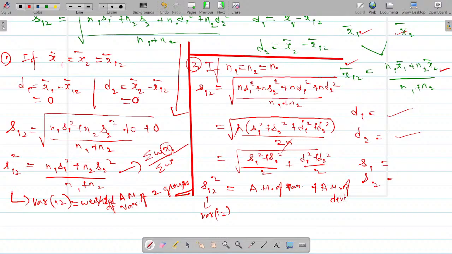Add and divide. So the arithmetic mean of the variances of two groups: add the two groups' variances and divide by two. And this is the arithmetic mean of the square of the deviations. Yes, please make a note of it.